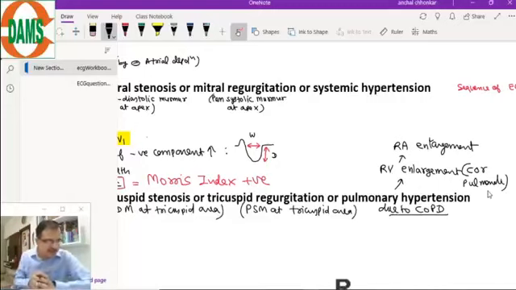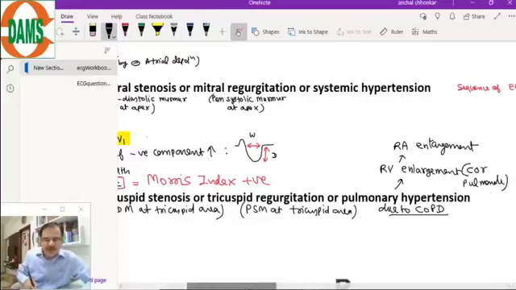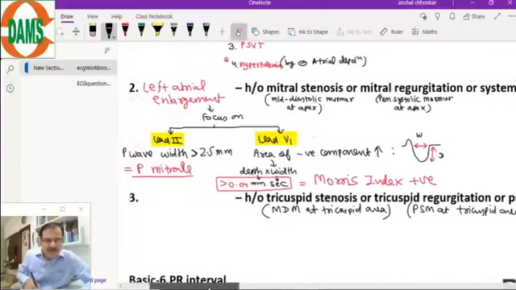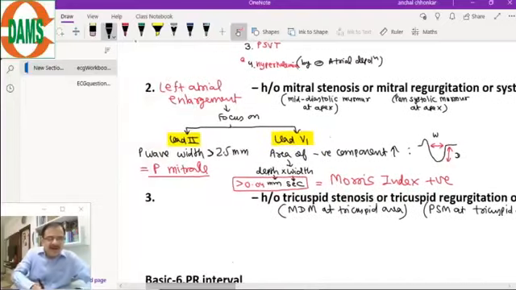Now, all these histories, tricuspid stenosis, tricuspid regurgitation, and pulmonary hypertension due to any cause, will lead to right atrial enlargement. So our differential diagnosis in our mind will be right atrial enlargement.